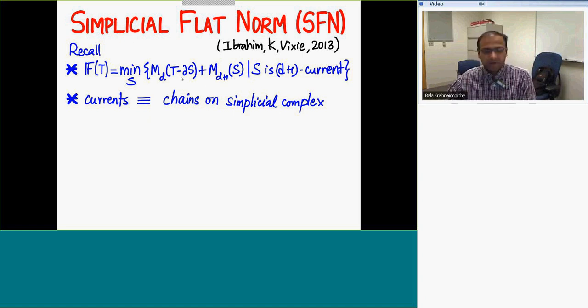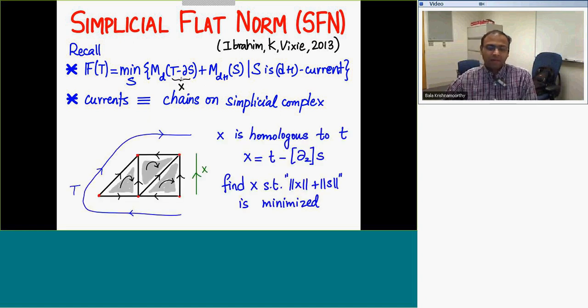We write X as T minus the boundary of S, and all we are doing here is looking for X that is homologous to T, the input chain, such that some norm of X as well as S, which defines the homology, is minimized, since X and T are homologous.